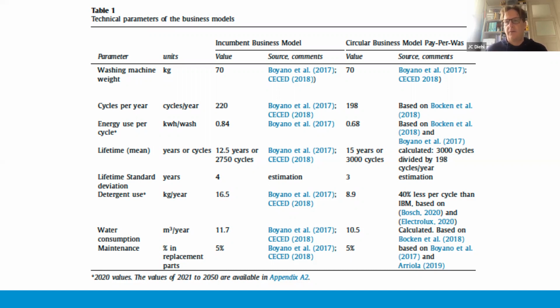This reduces a lot of the amount of detergent used. So overall, you see an extended lifetime, fewer wash cycles, less electricity consumption, less detergent by going from a basic business model to a pay-per-wash business model.